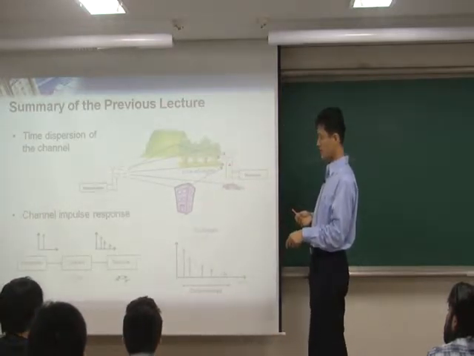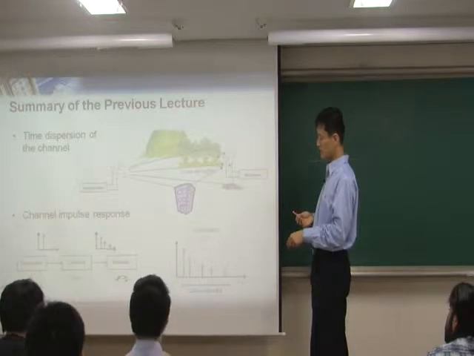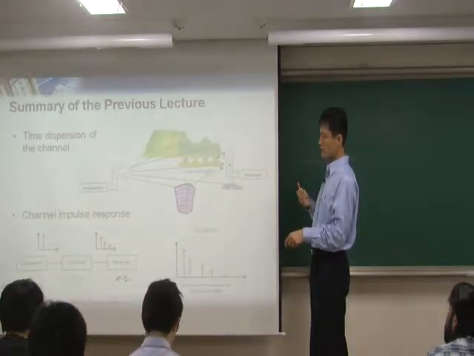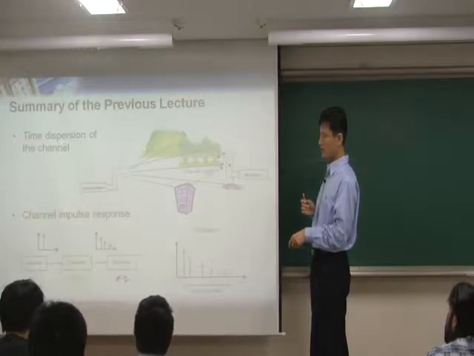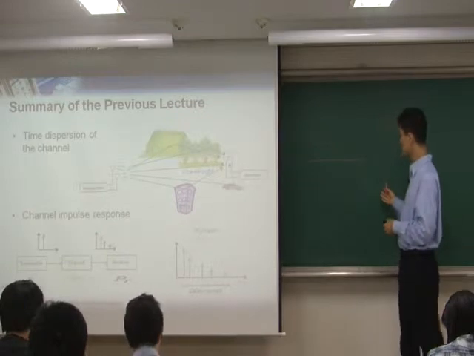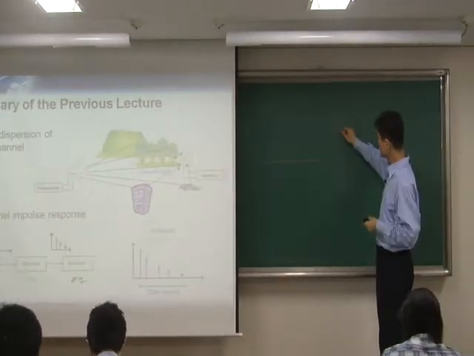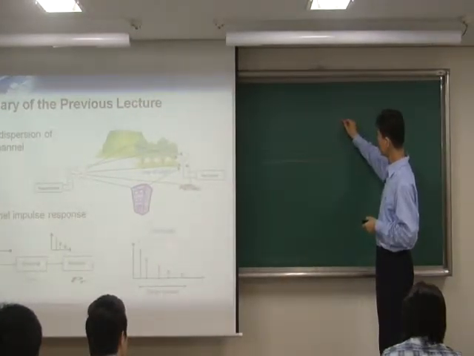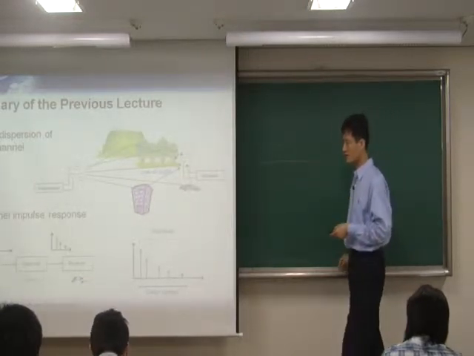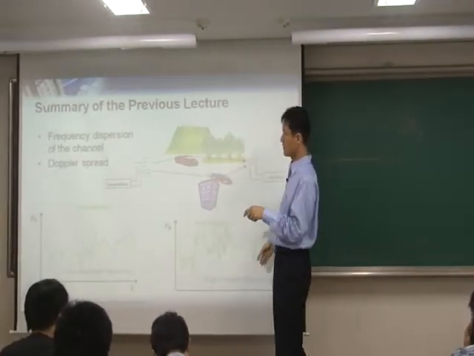You see that there's a multipath. So because of this multipath, if you look at the frequency domain response of this block, there will be a fluctuation. In the same way, if there's some spread in the frequency domain, that will contribute to the time domain fluctuation. So that's frequency dispersion.